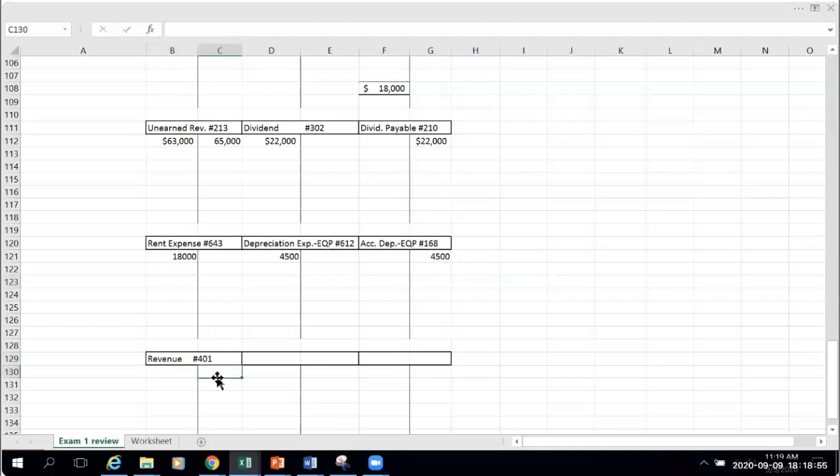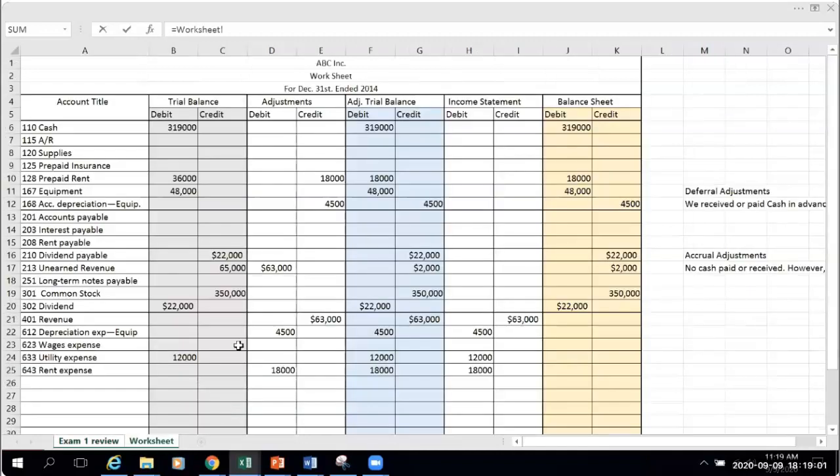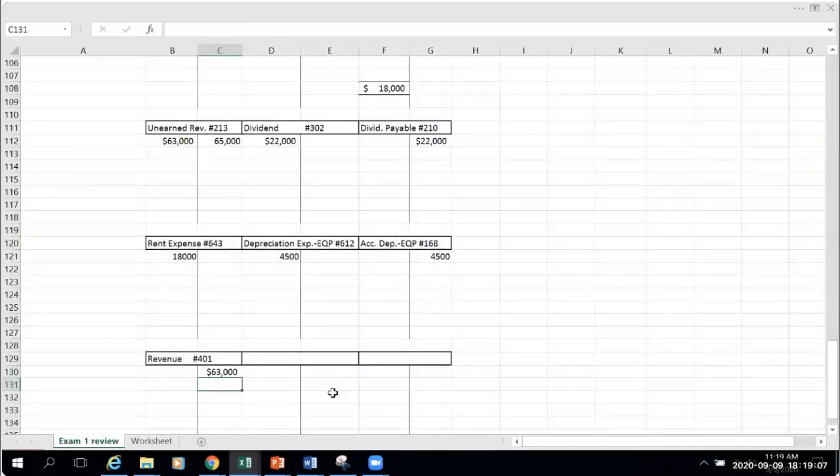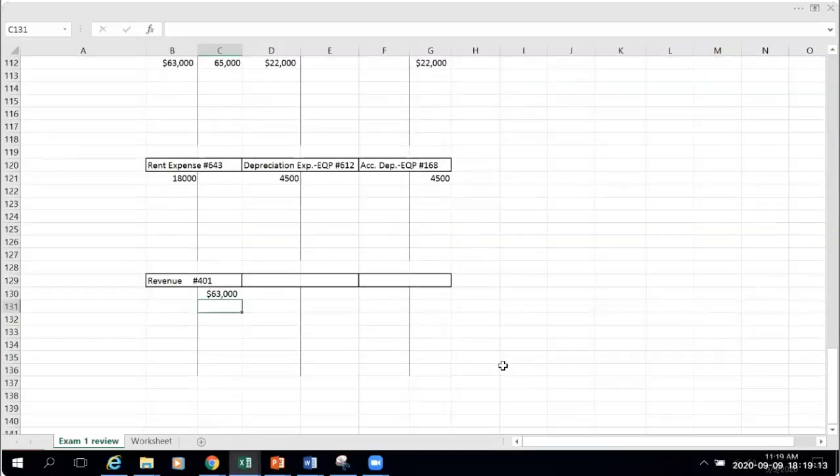Okay, and that's a credit, equals to, that box. Cool. So revenue now is $63,000.